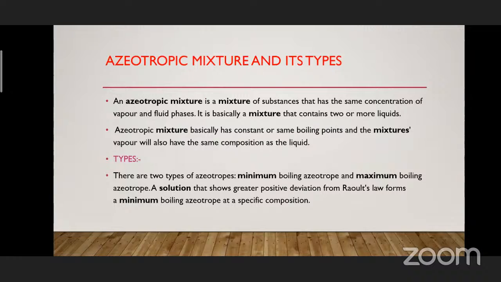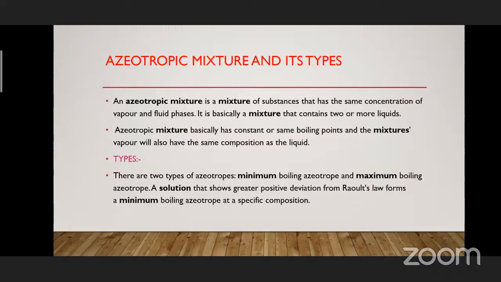Next, let us go through another topic, that is azeotropic mixture and its types. So what are azeotropes? We will see here. Azeotropic mixture also we can call as azeotrope.